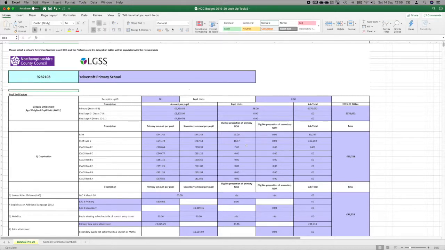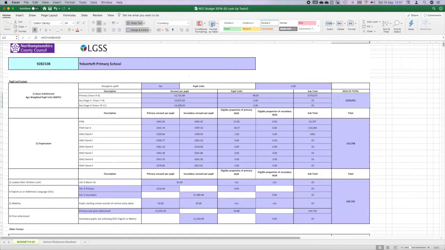There we go, Yelvertoft, which is a smaller school, so they only have 98 pupils, and they're going to get funded at their £2,755 each, which gives them a budget of just over £250,000. So you can see half the size of the school, and that's going to be used when calculating that notional budget.